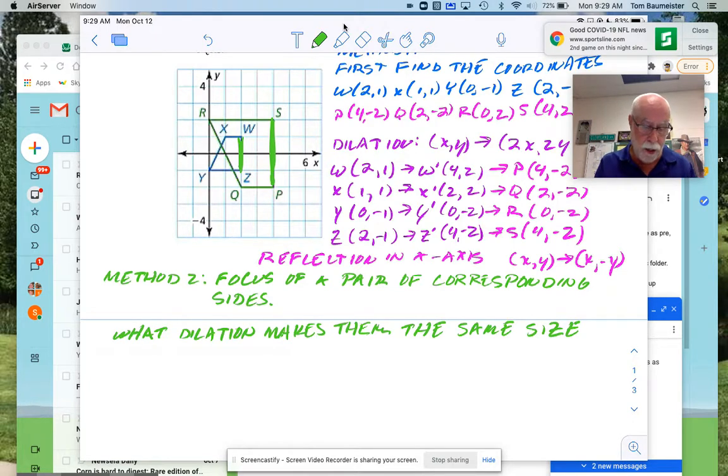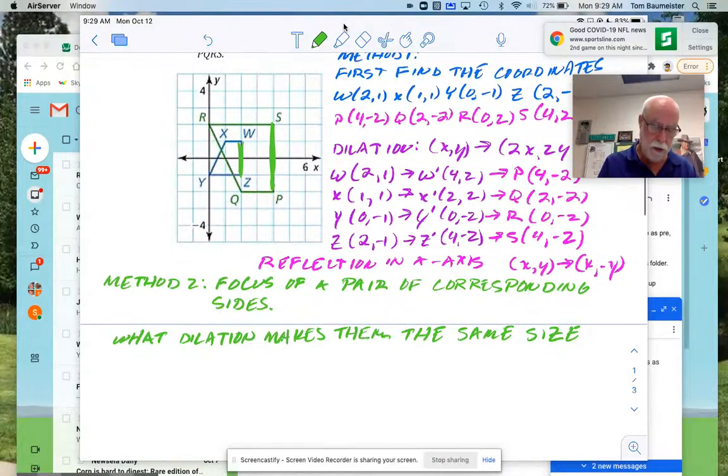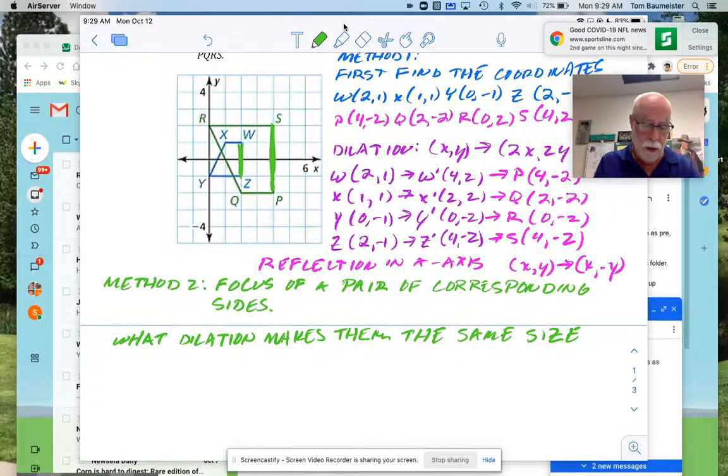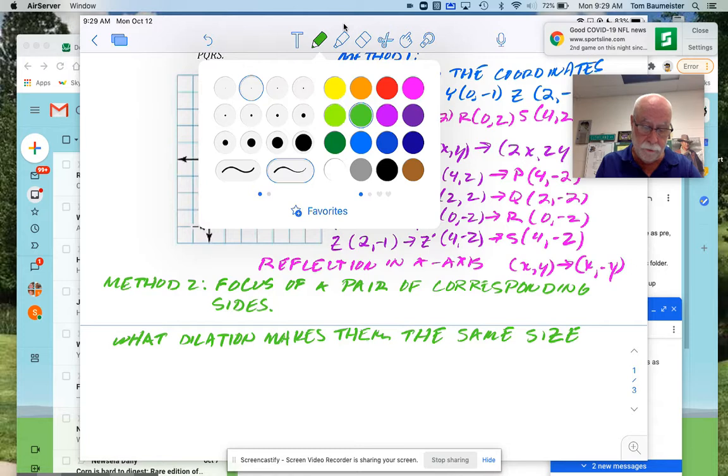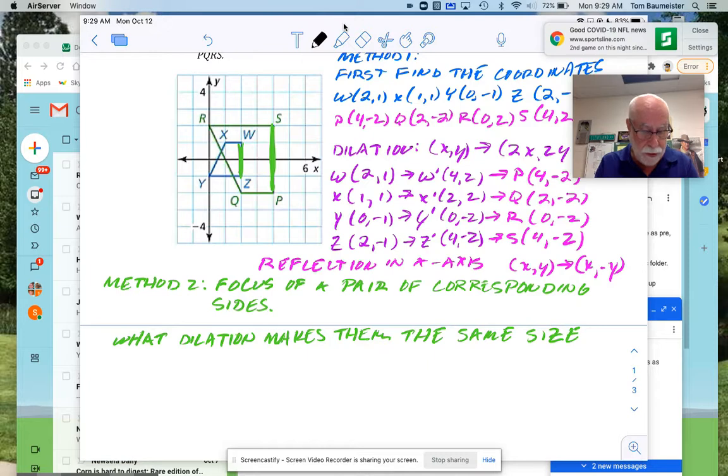But on this one here, again, we're going from the small one to the large one, right? So in this case here, I can see that my distance here is 2. My distance here is 4.